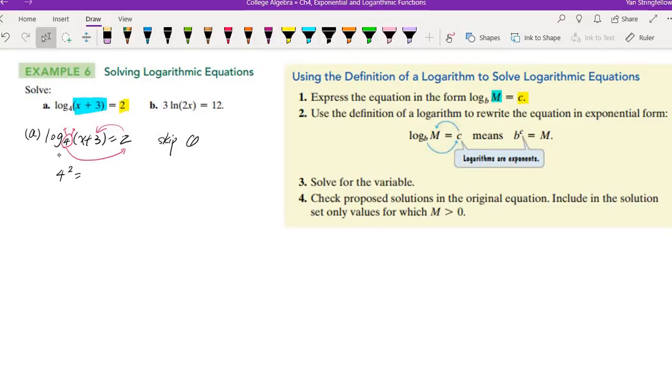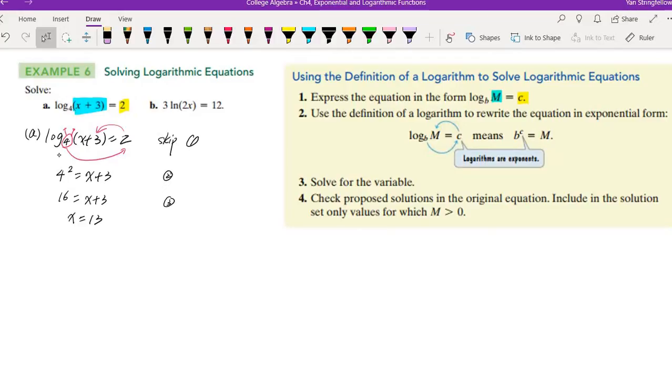We said m is x plus 3. That is our step 2. Then step 3 is to solve for the variable. We're going to have 16 equal to x plus 3, so x is equal to 13.